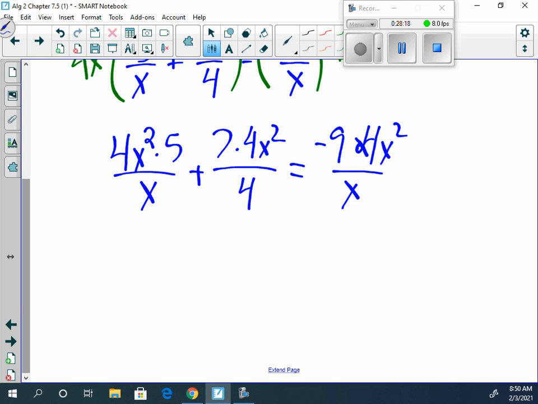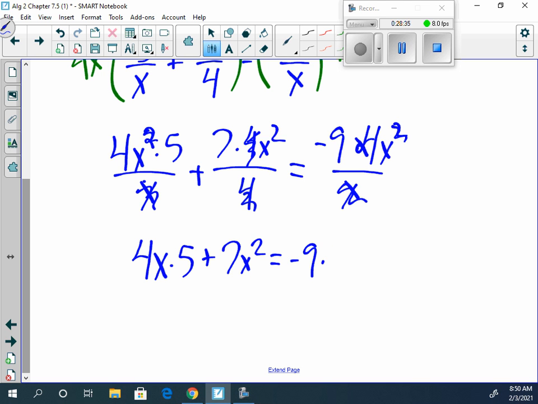Wait a minute. So one of these will cancel out. 4x times 5. Well, 4 and 4 would cancel, so I have a 7x squared. Well, one of these would cancel out with this, and I have -9 times 4x. Wait a minute, I have an x in every term, don't I? Well, that'll eventually factor out, yes?